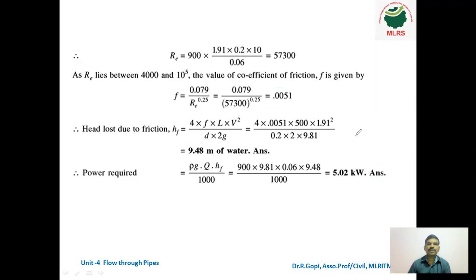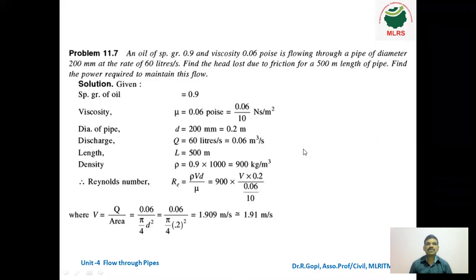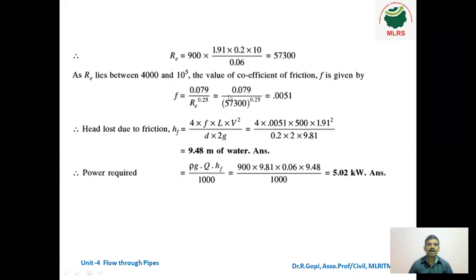So simple, but this problem is very important. They didn't give the kinematic viscosity, they didn't give density. So based on the specific gravity and viscosity, we calculate the Reynolds number. For the Reynolds number we need velocity, so Q divided by A, we can easily get the velocity. Substitute in the Reynolds number formula, and we got 57,300, which lies between 4,000 to 1 lakh.